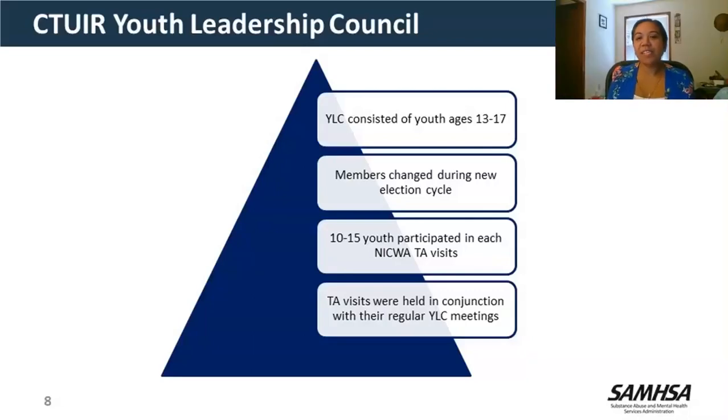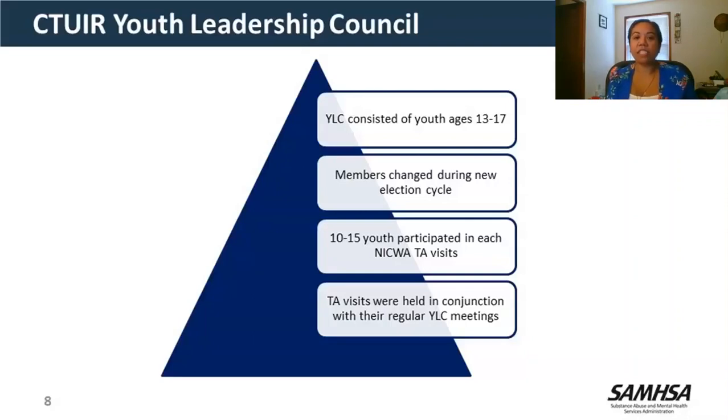So thank you, Lindsay. Like she was saying, they did have a change. There was a new election cycle between the time that they voted to participate in the project and the time that they got trained in the community asset mapping toolkit.